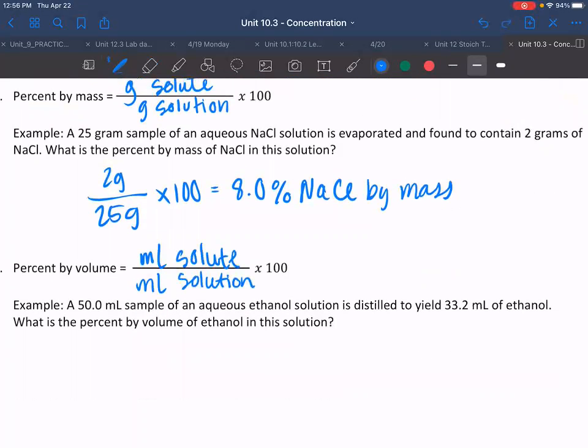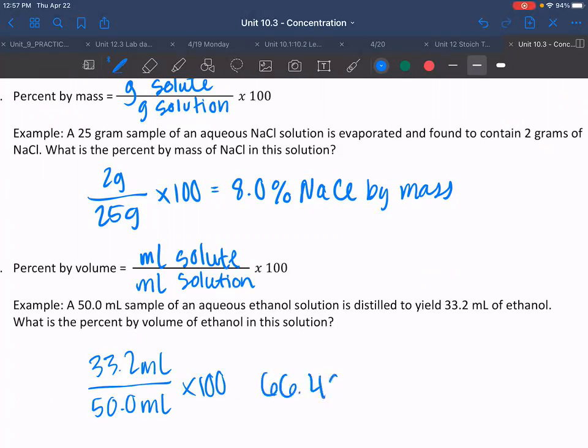So for this example, we would just take our 33.2 mils of ethanol and put that over 50 mils of sample. Multiply that by 100, we would get 66.4% ethanol by volume.